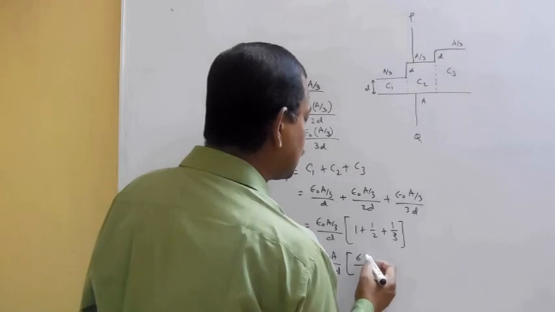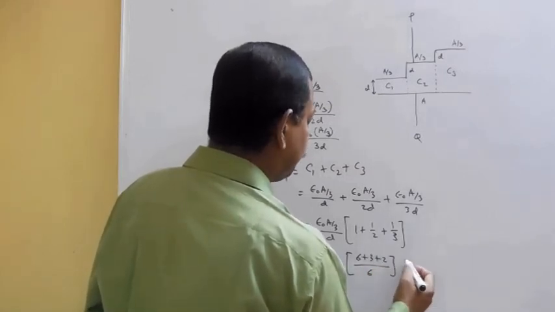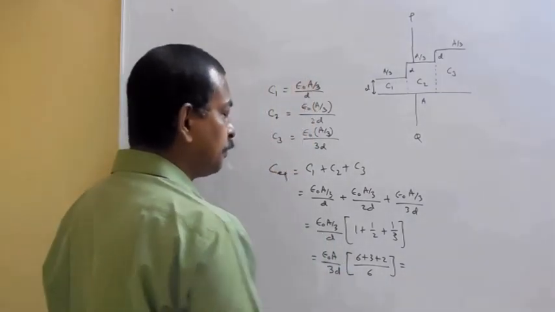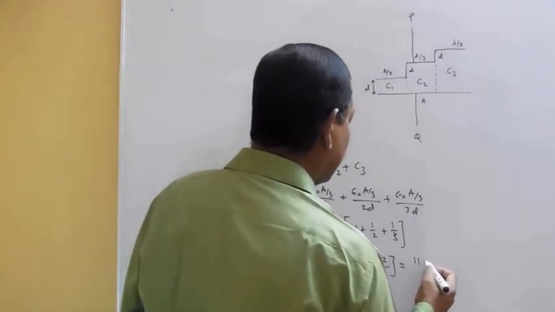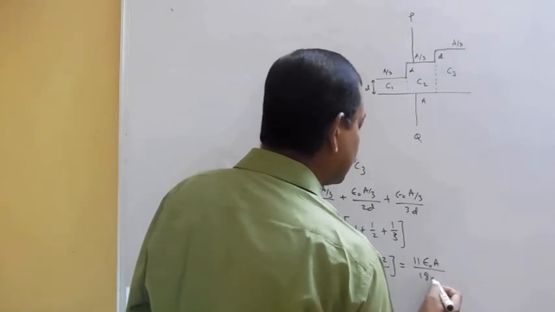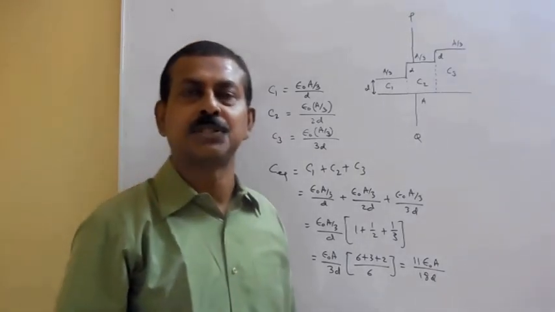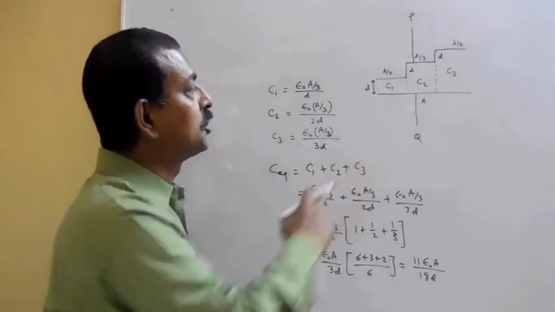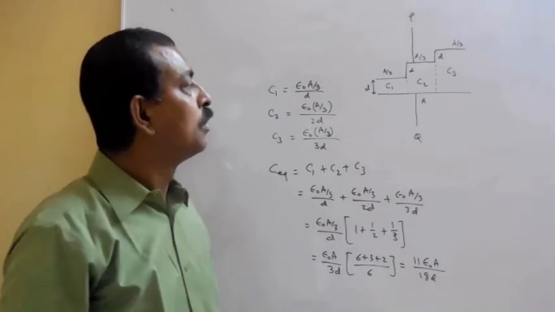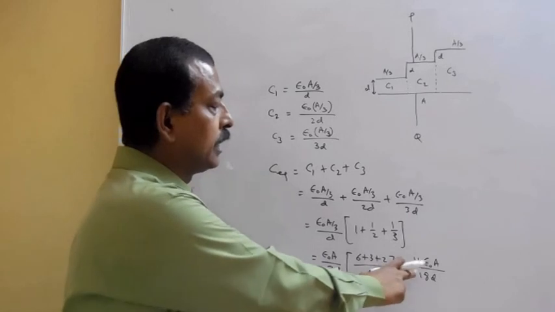LCM is 6, so this is 6 plus 3 plus 2, over 6, which gives 11 epsilon naught A by 18D. This is the value of the equivalent capacitance of this stair type structure.